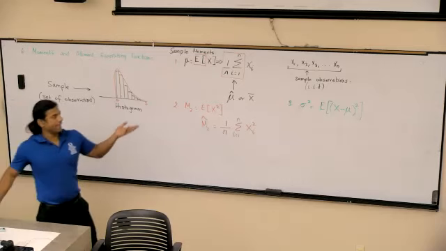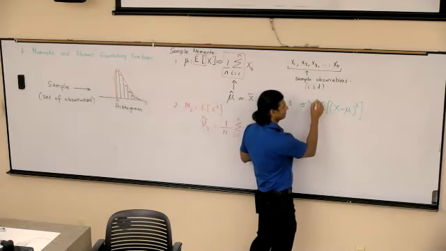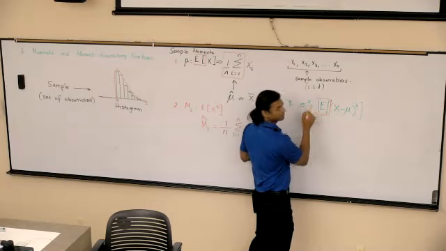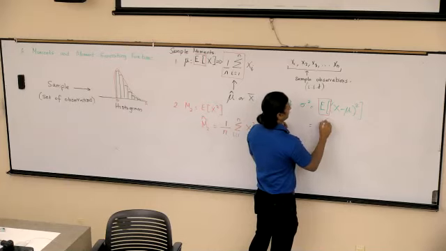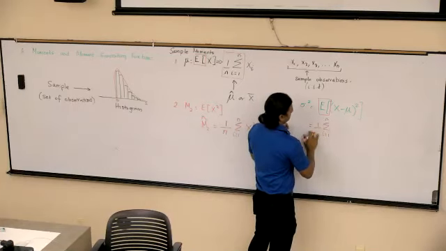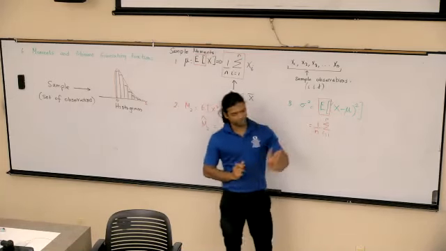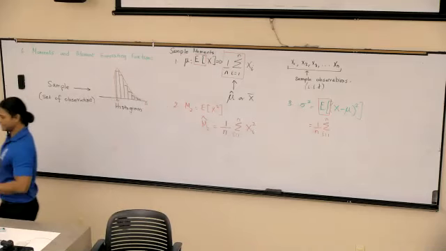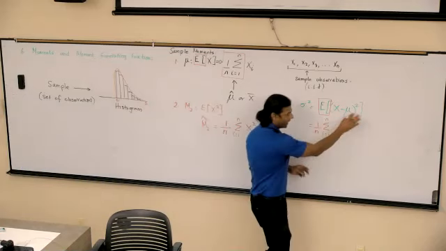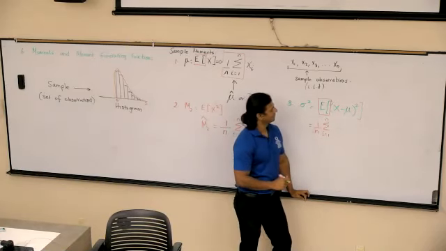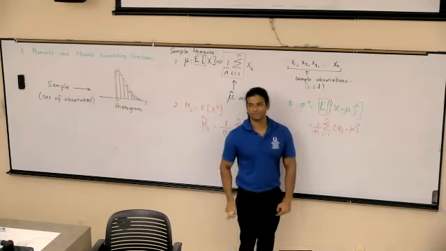What would happen to the E part? It'll become a sum. What would happen to the (x minus mu) squared, the part in the square bracket? x_i minus mu, squared, right?